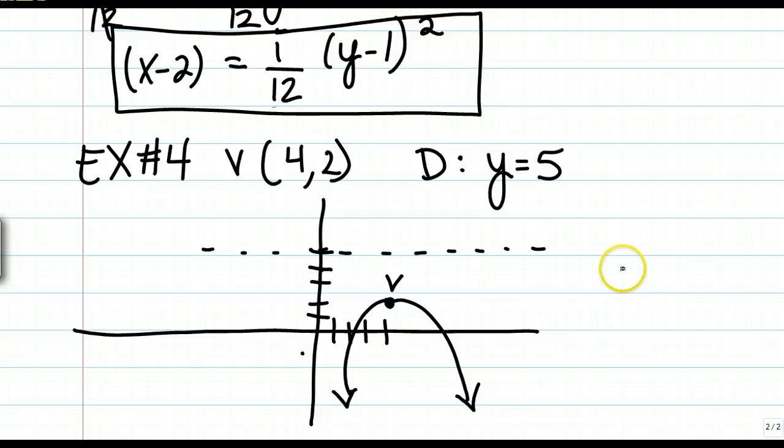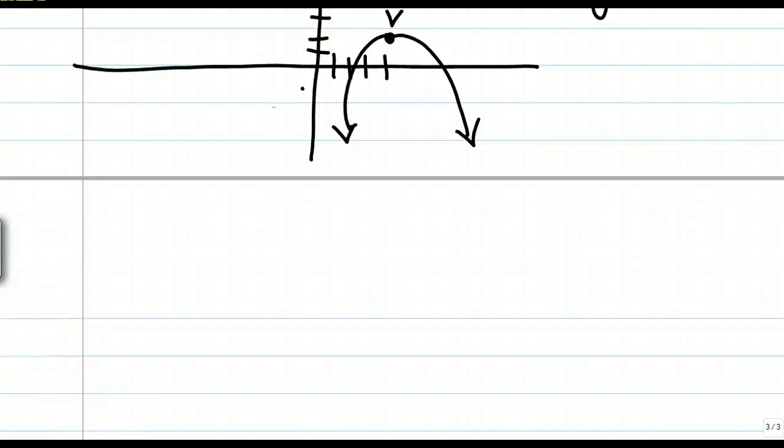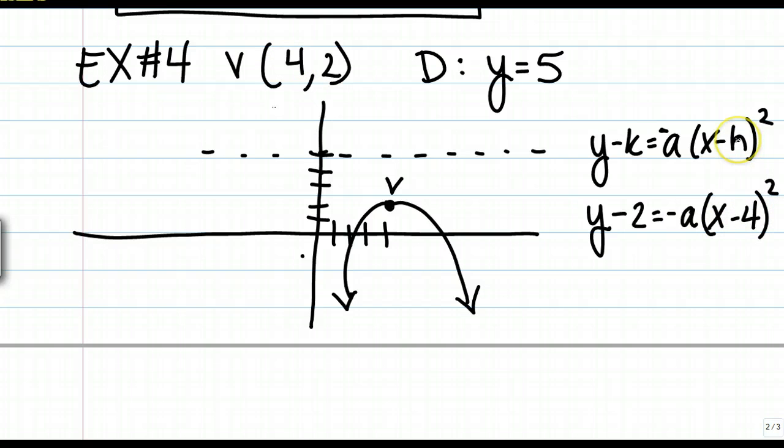So we know since it's a downward parabola, we're going to have y minus k equals a times x minus h squared. And this has to be a negative a because it's sad, it's frowning. So we know we have y minus our k, which was 2, equals, we don't know what a is, times x minus 4 squared, because we're plugging in the 4 for h.